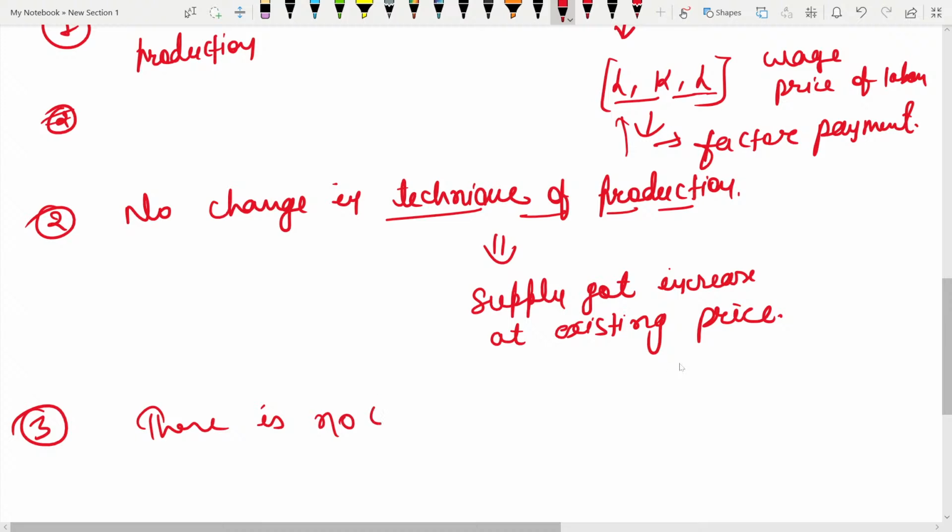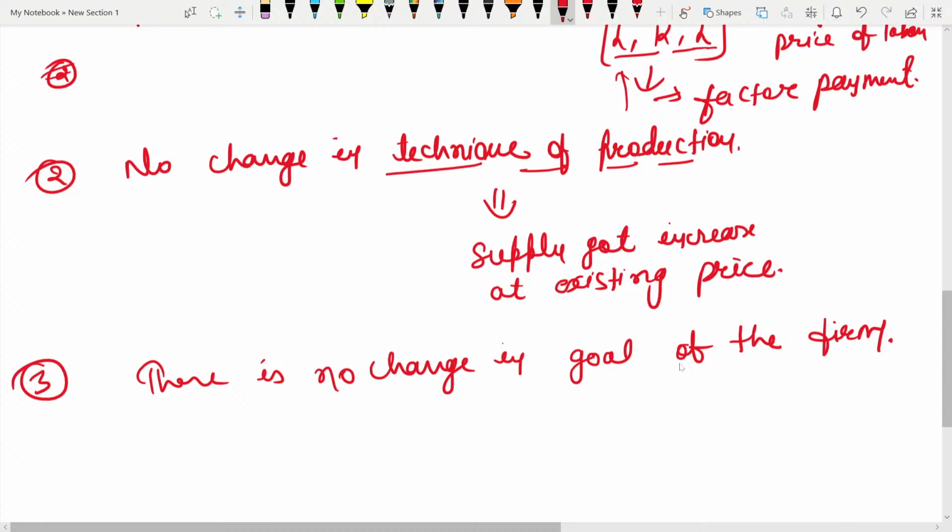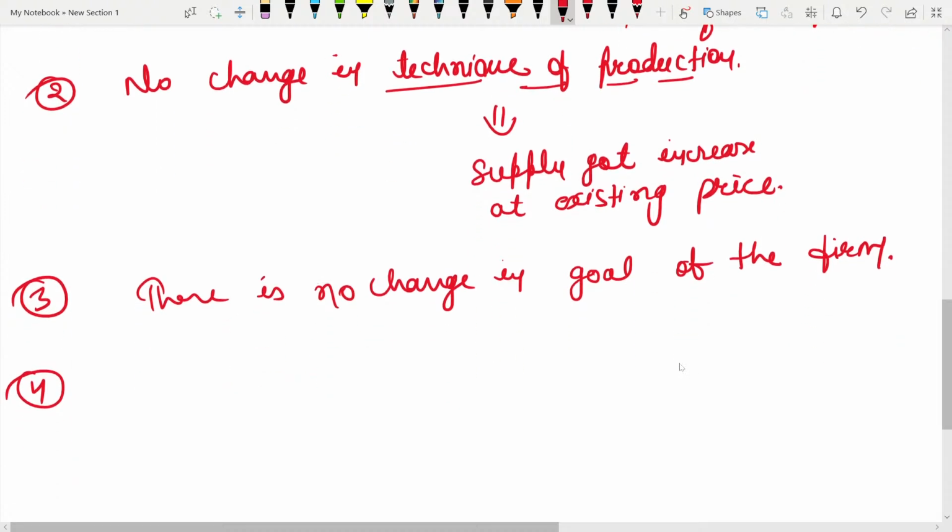Whatever goal the firm poses, whatever motives regarding supply, should be fixed. It should not be changed. The goal of the firm is fixed, regarding supply and profit.